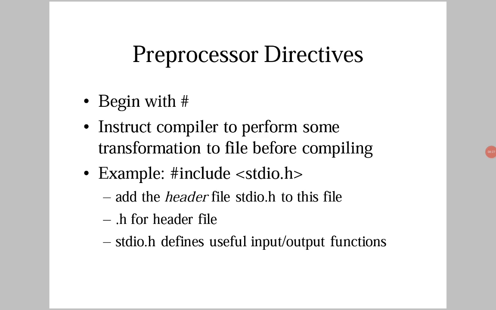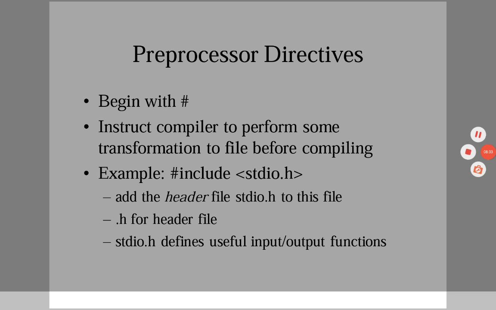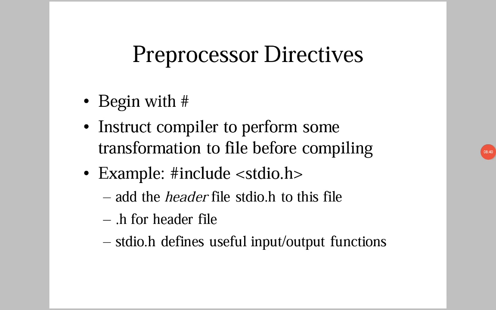Every C program should start with a preprocessor directive, that is, the hash symbol. It instructs the compiler to perform some transformation to the file before compiling. Example, #include stdio.h.